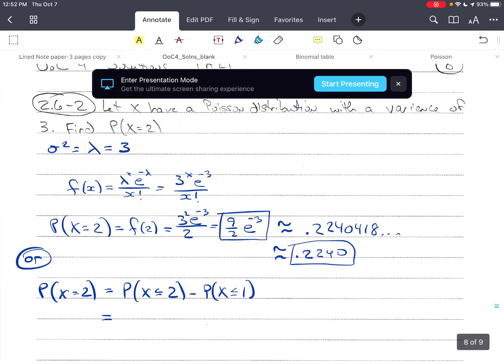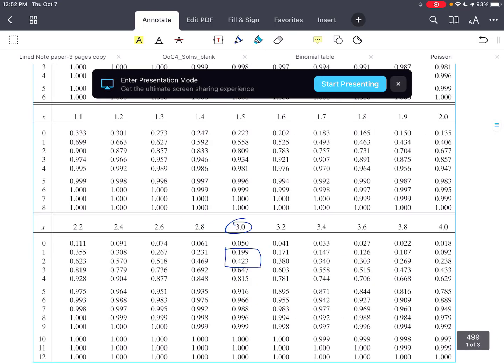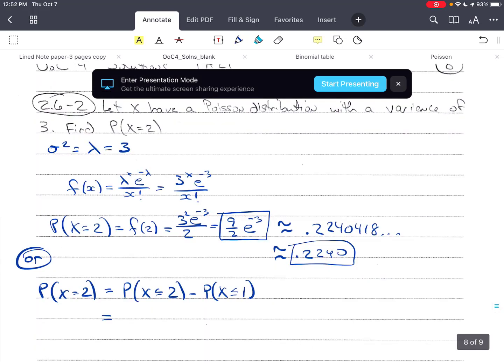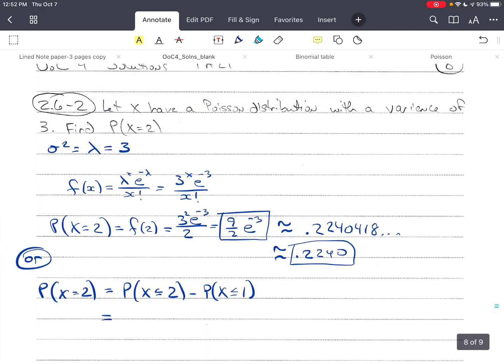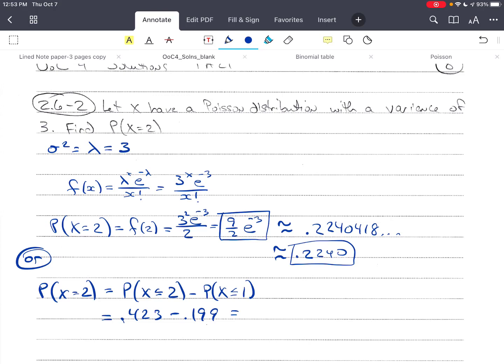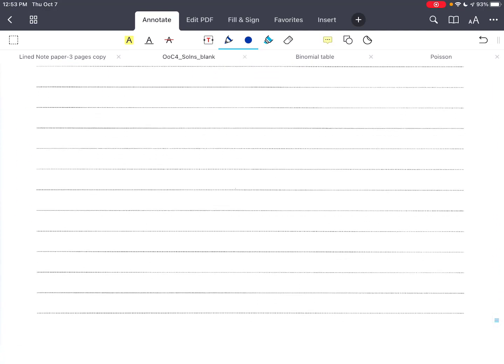Am I looking at the right problem? Yeah, so x equals 2. So we've got 0.423 minus 0.199, which gives me 0.224. So this is accurate to 4 decimal places in this particular case, so that's nice.